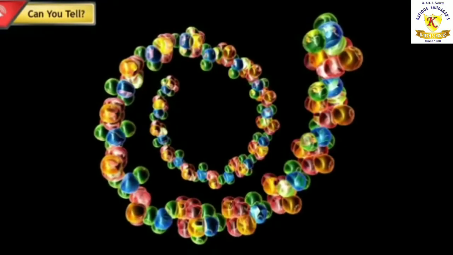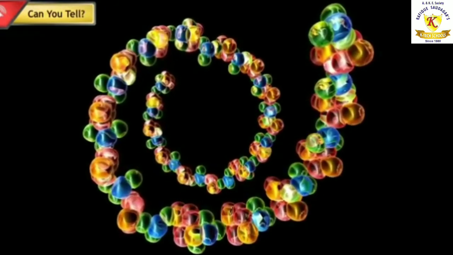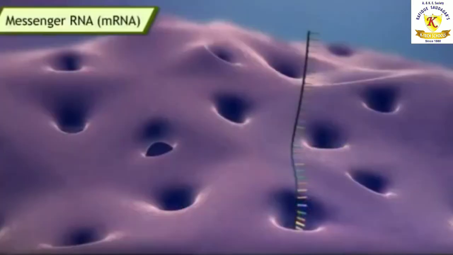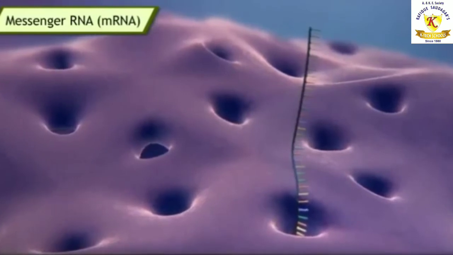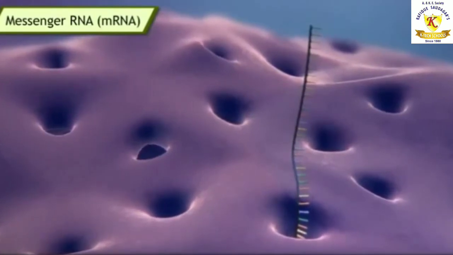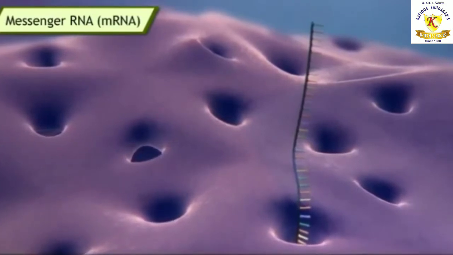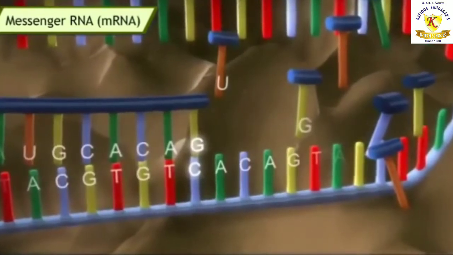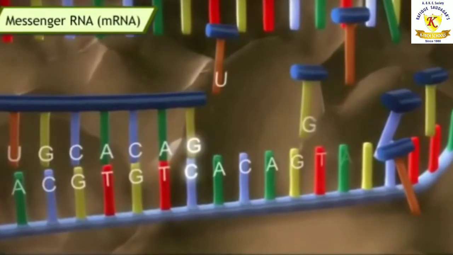Now, according to the functions of RNA, it is of three types. First one is messenger RNA or mRNA. It carries the information for protein synthesis from genes on DNA chains in nucleus to the ribosomes in cytoplasm.